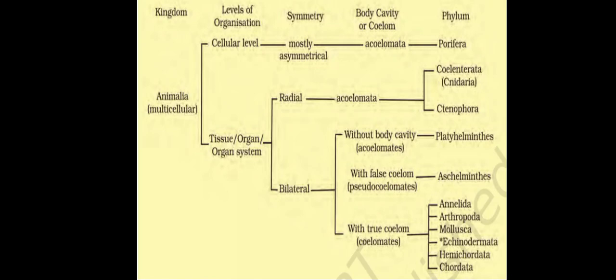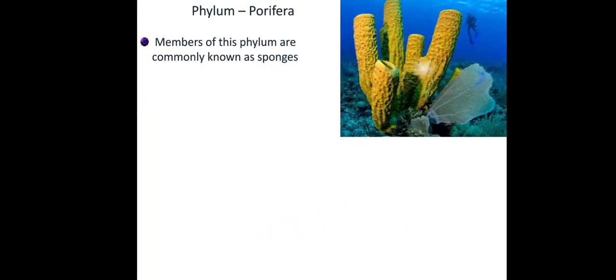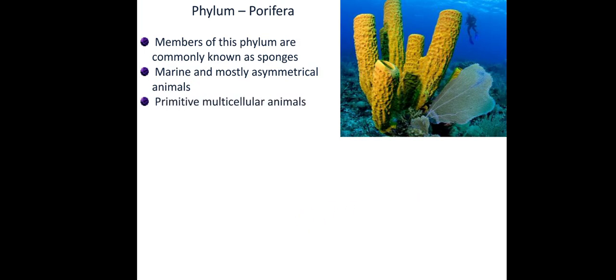Now we will discuss all the phyla one by one, starting with Phylum Porifera. Members of this phylum are commonly known as the sponges. They are mostly marine and asymmetrical. They are the primitive multicellular animals with cellular level of organization.